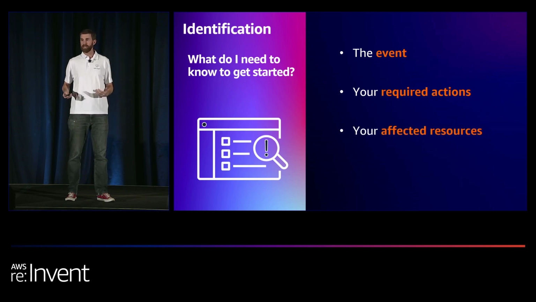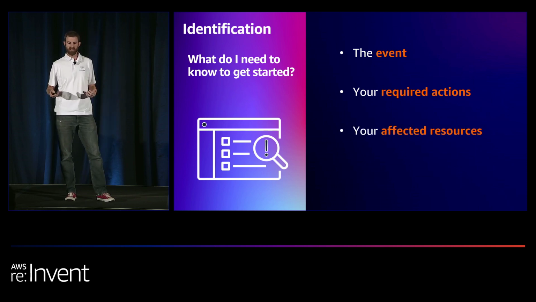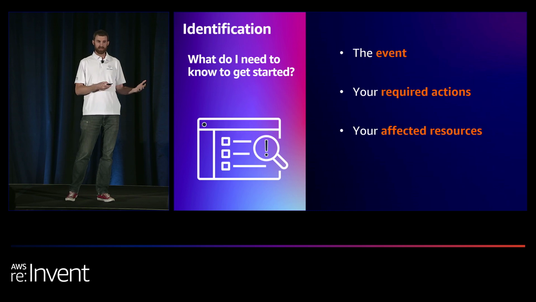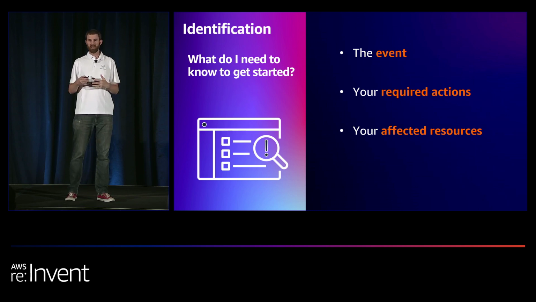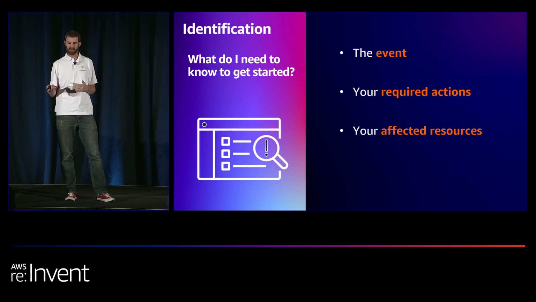Do you have a complete picture of the affected resources for one of these events? And what's the scope of that across your organization? So here, by providing resources with the event, AWS Health is reducing that secondary reporting I talked about and allowing you to get started. And if you're in a large organization or distributed organization, how are you identifying who the owners are of these resources and getting them to take action on them?